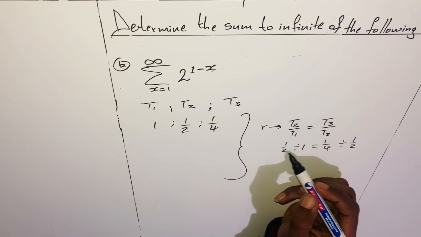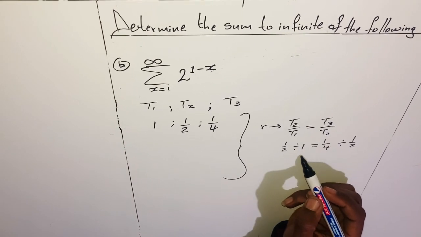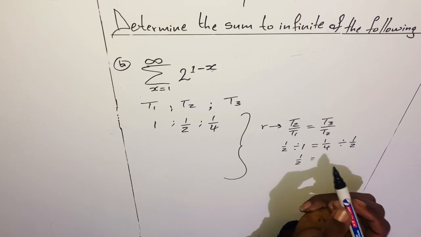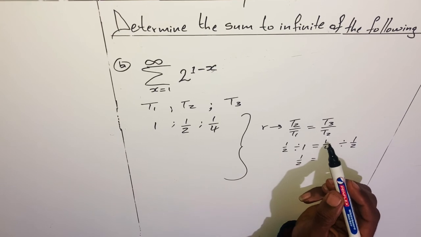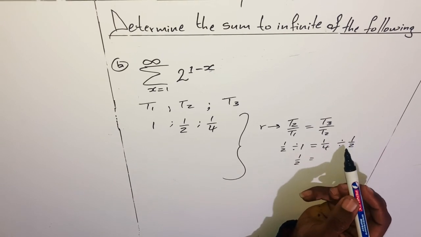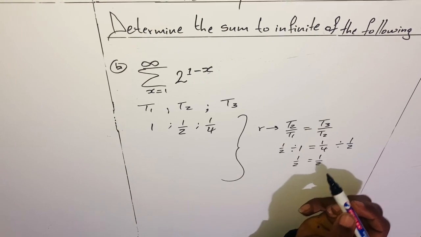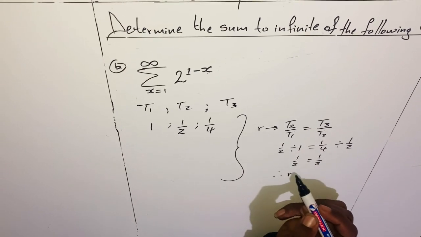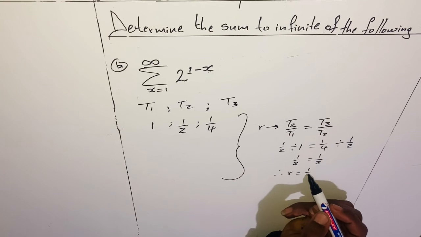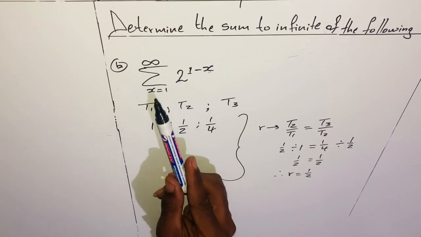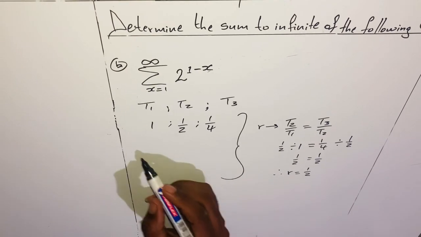A half divided by 1, you get the same thing, 1 over 2, just as when you divide 1 over 4 by 1 over 2, you get 1 over 2. Therefore, our r is 1 over 2. Then remember that you are finding the sum to infinity.